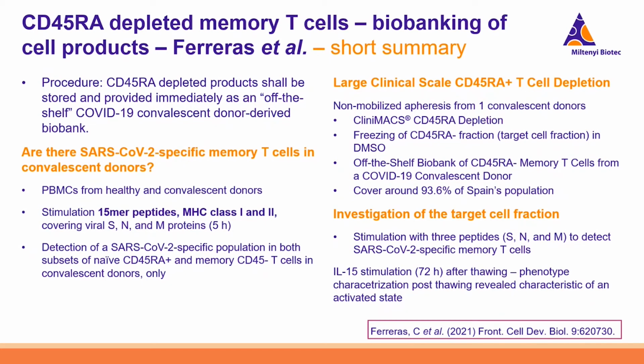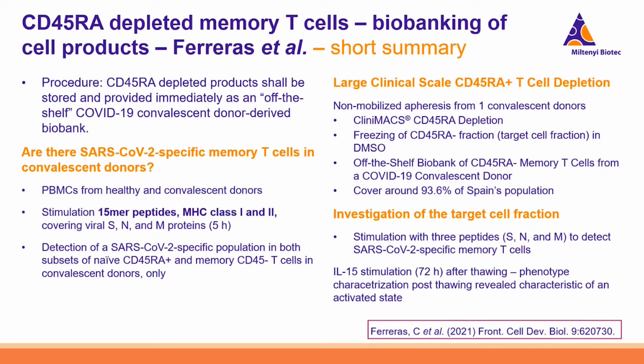This was shown in experiments with PBMCs from uninfected and convalescent donors. In stimulation experiments with three peptides, S, N, and M, interferon-gamma secreting CD45RO positive memory T cells were detected in convalescent donors but not in uninfected donors.